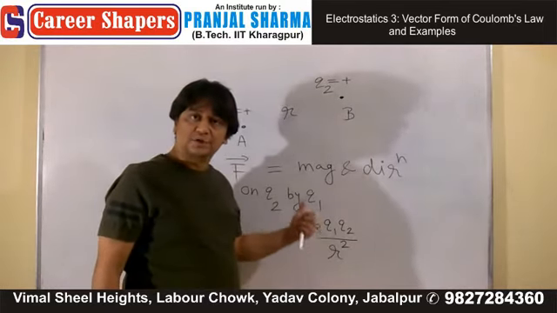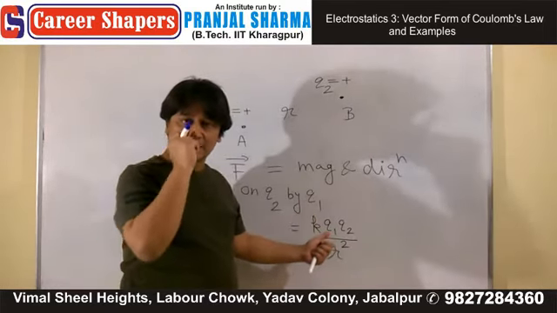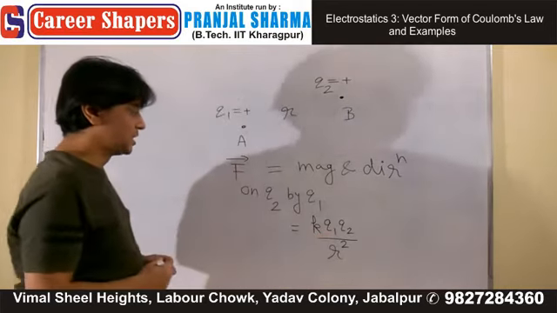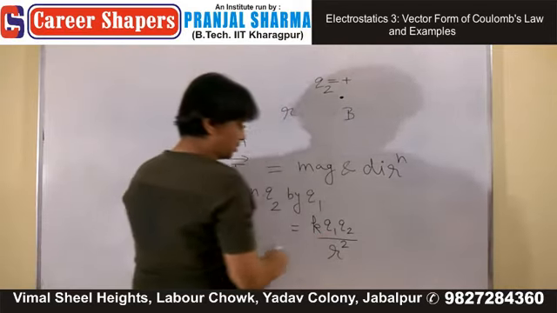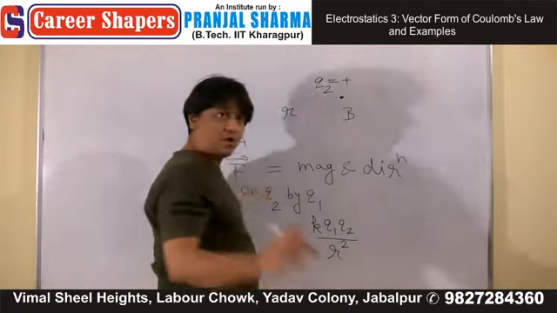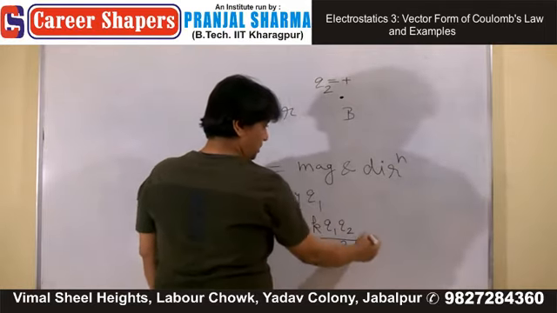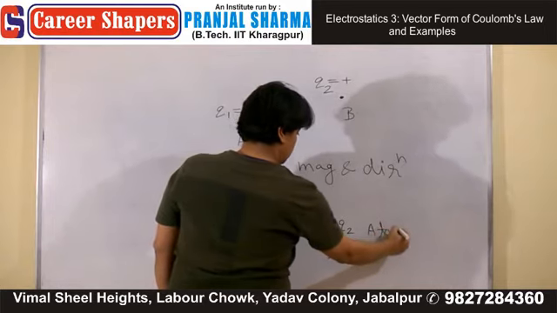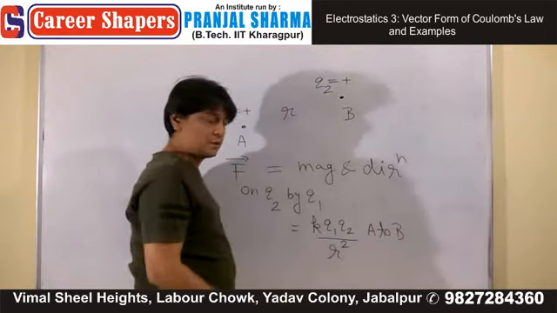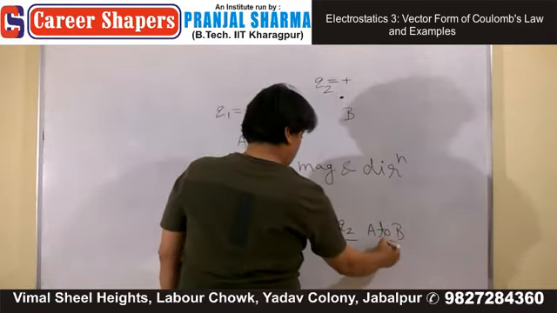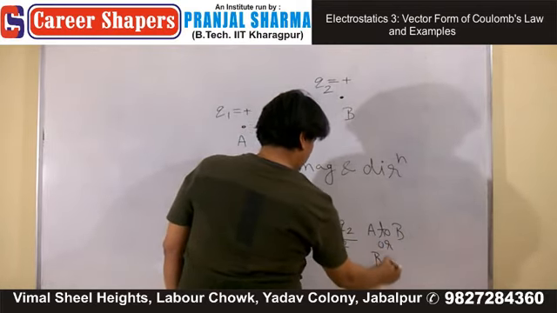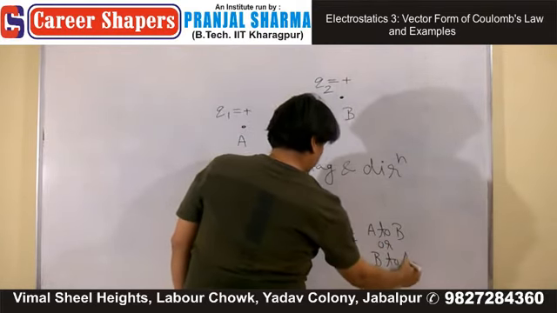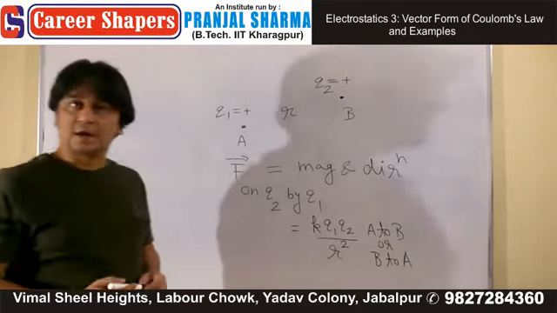I had asked you the same type of thing when we discussed gravitational masses. So the question I'm asking you is, for direction part, what should I write? A to B or B to A? What do you think is the correct direction?